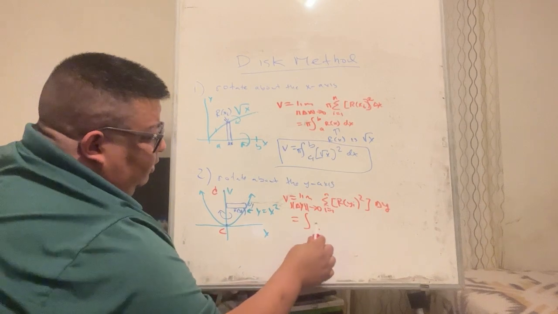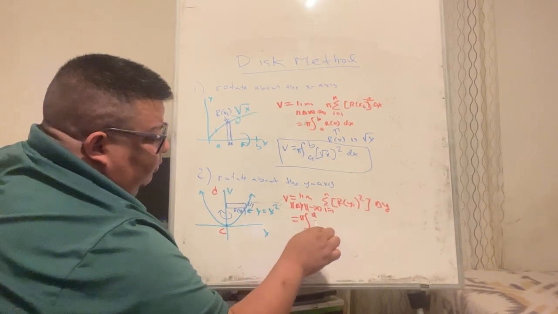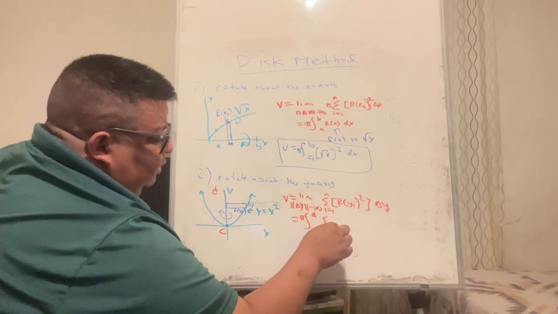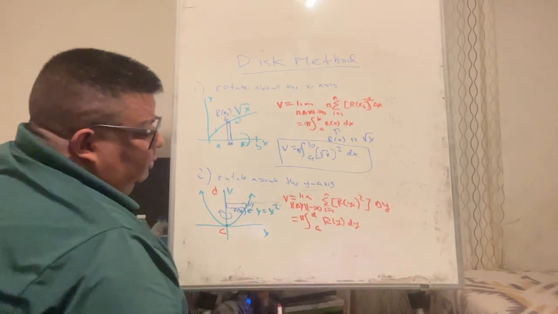So that will be pi times the integral from c to d of R(y) squared dy.